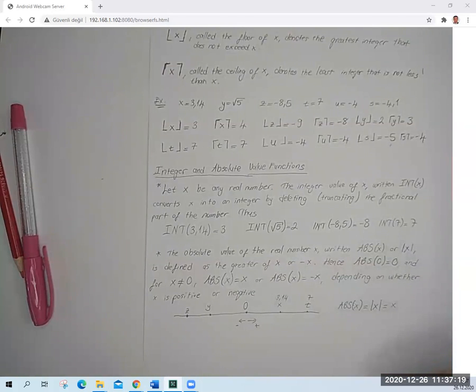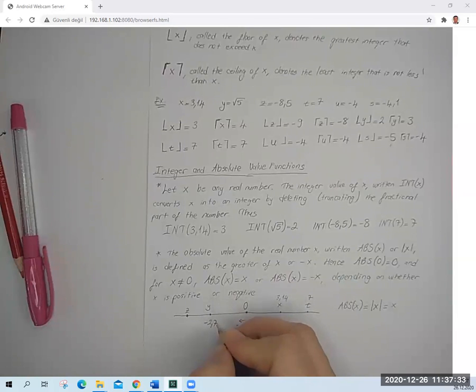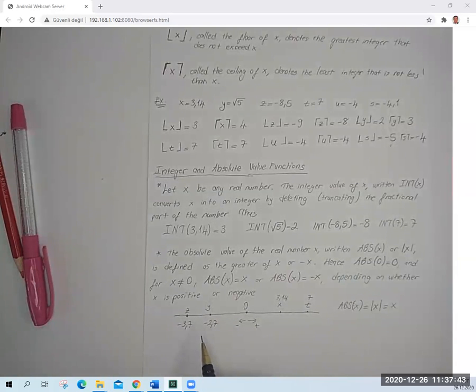And y is minus, okay, we have to find something as a minus, minus 2.7, and z is minus 3.7. Okay, I have those values, on the left side of that line and the right side of that line.